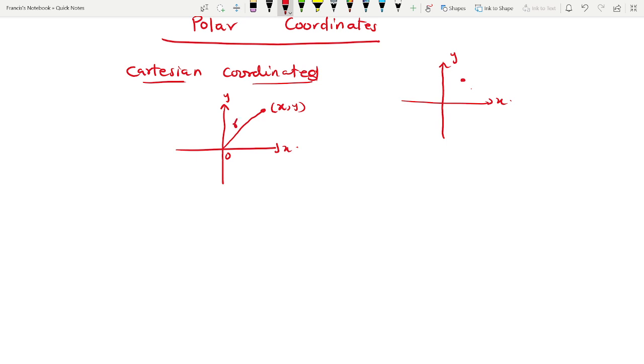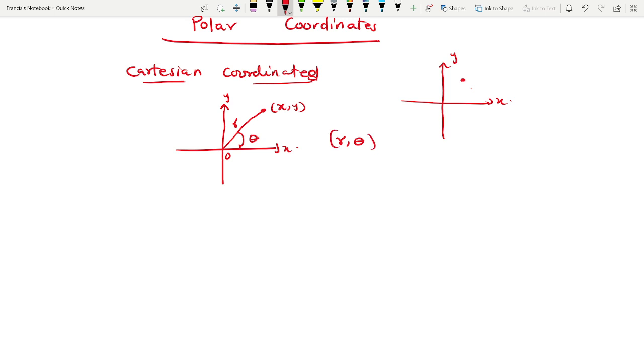That is the magnitude. Again, in polar coordinates, we are interested in the angle this particular line makes with the positive x-axis, which is theta. So you realize that in polar coordinates, we have two parameters, r and theta, and that is what we are interested in.